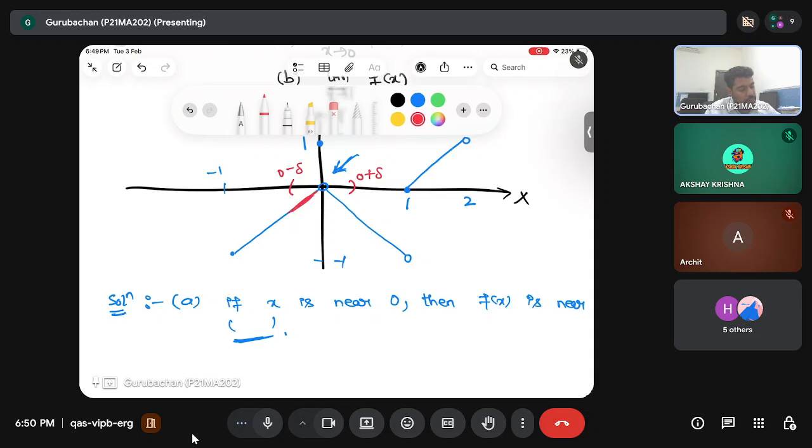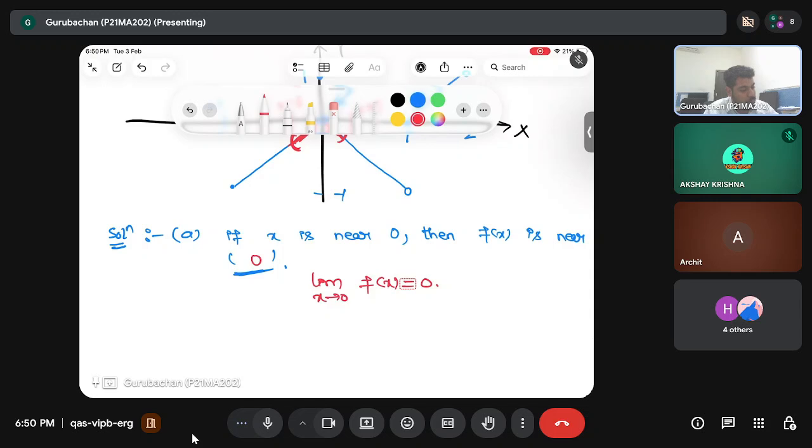From this side and from this side. This is also near what? Tell me from the diagram. 0. Negative 0.5. Near will be 0. Okay. So that means limit x tending to 0 f x will be 0.